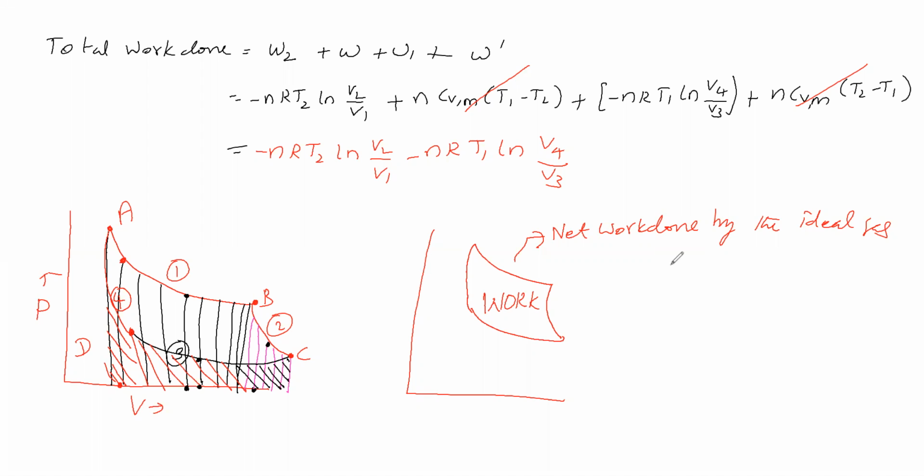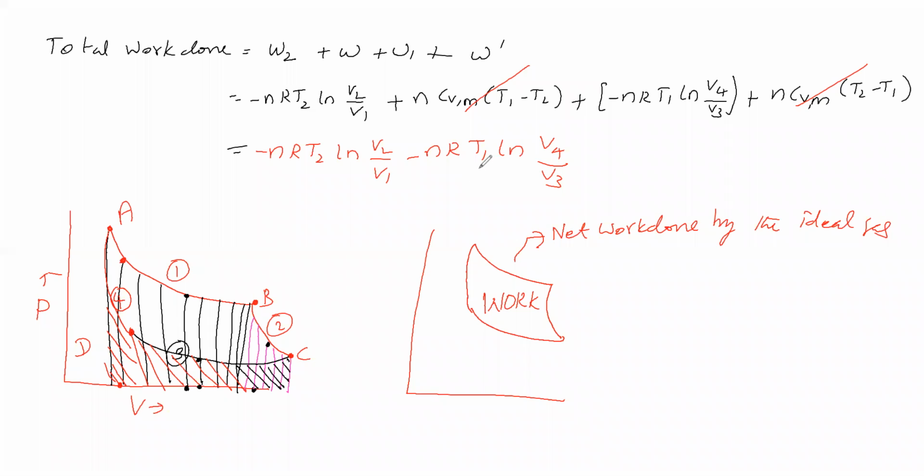Okay, next we will do, this is V2 and V1, this is V4 and V3. Let us change this V4 and V3 in terms of V2 and V1. Then calculating net work done is easy. Otherwise here how many variables? See, V2, V1, V4, V3, like this variables are there.